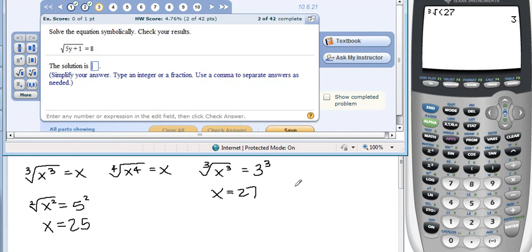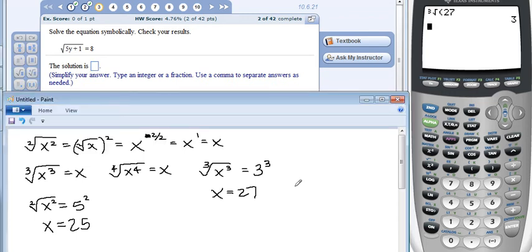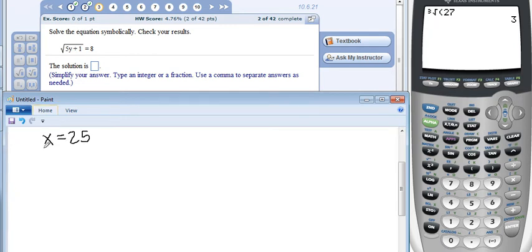All right. Now we have more than just a solid x underneath that radical sign. We've got actually an expression, but nothing's changed. So we're going to say the square root of 5y plus 1 is equal to 8. Again, the first thing that I need to do, I'm solving for y here, is get rid of this radical sign. So I'm going to square this side, so it matches the index, and I square this side. The square root of a square is just whatever's underneath the radical.